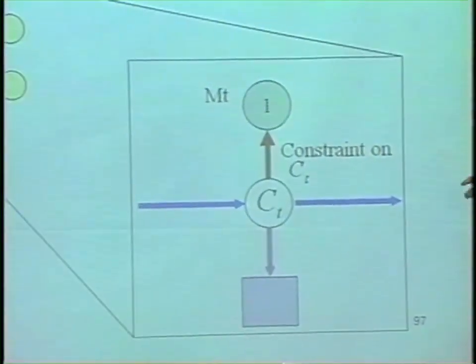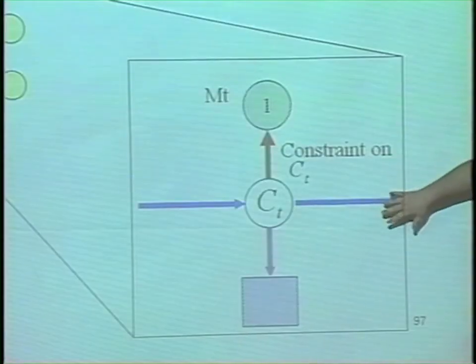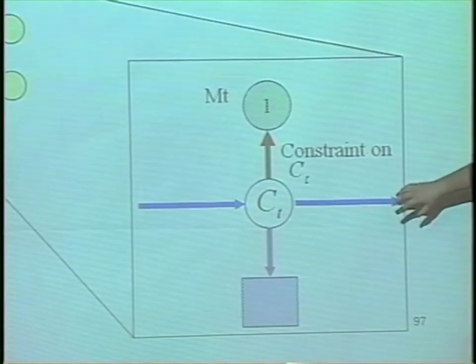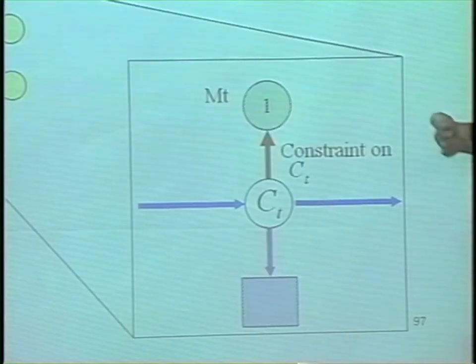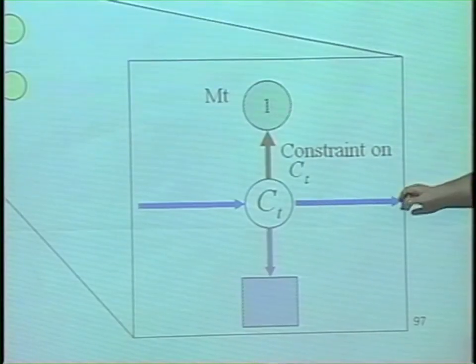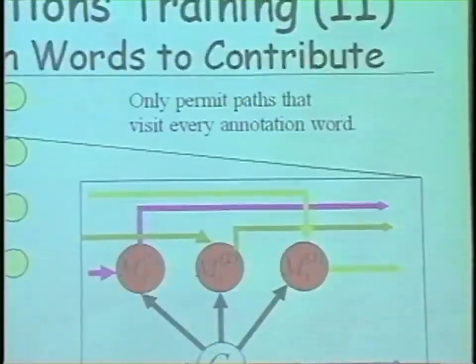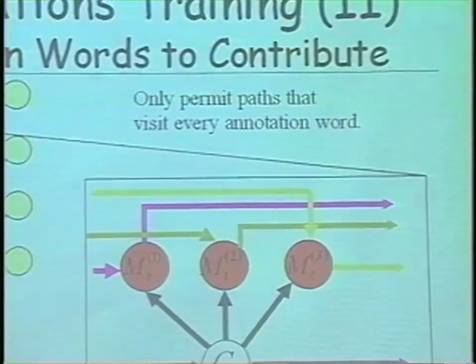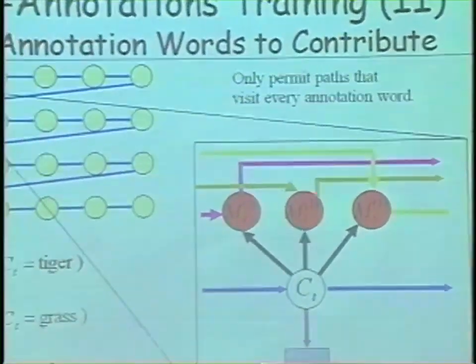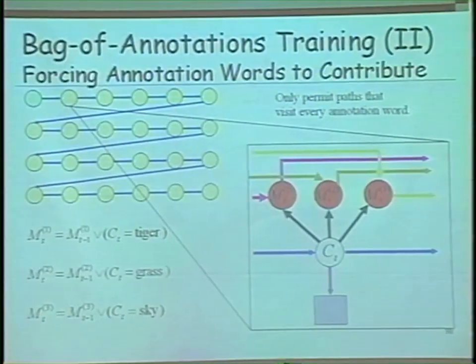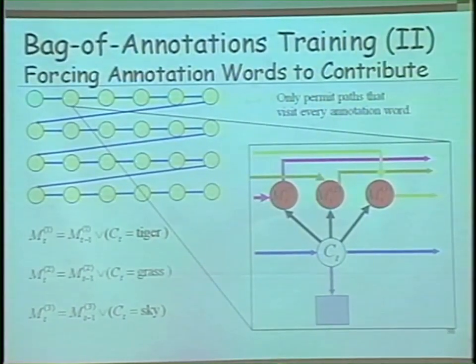And we impose a constraint from the state variable to the observation, such that this can only be 1 if the state variable is one of our annotation words. And another approach, which is similar to Pavel's forced training mode, is we want to require that every annotation is visited at least once.